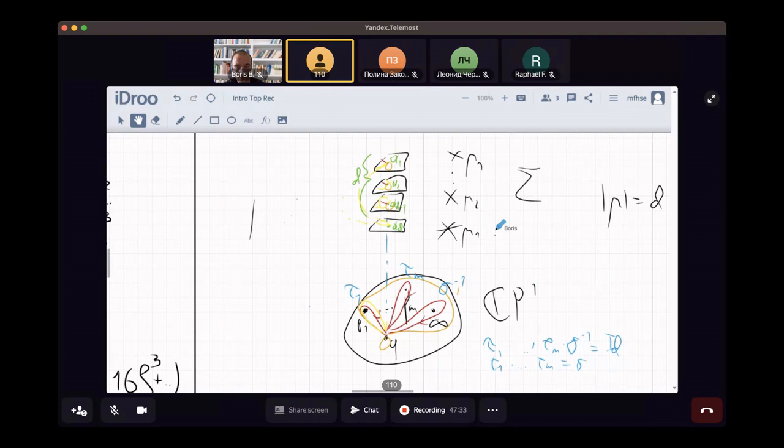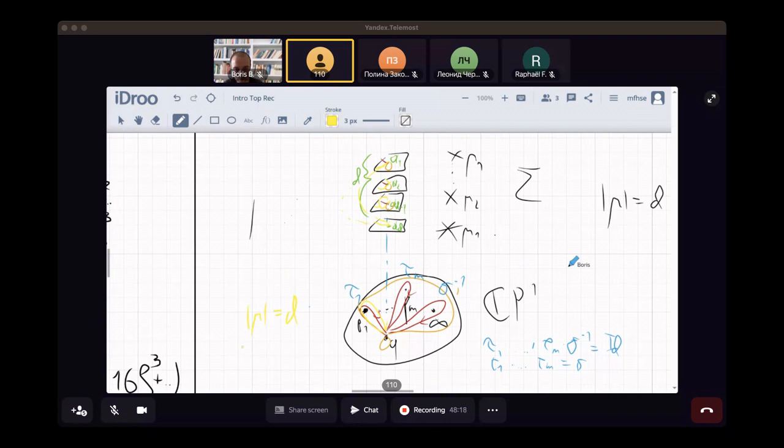Over your regular point, how many pre-images do you have? You have size of mu, which we also call d, pre-images, which is the number of sheets in your covering. And of course, the number of ways to label them from 1 to d is d factorial, right?